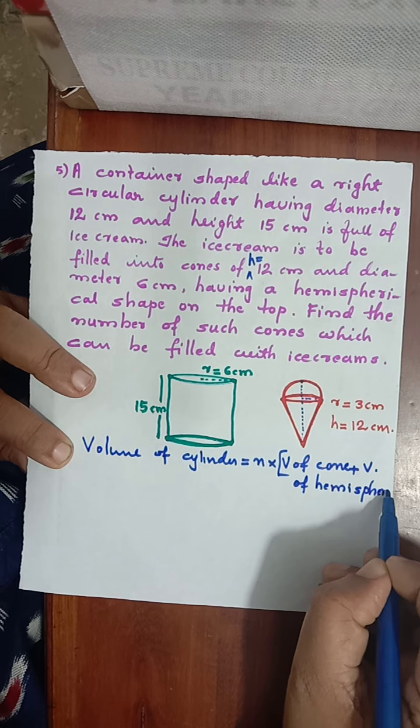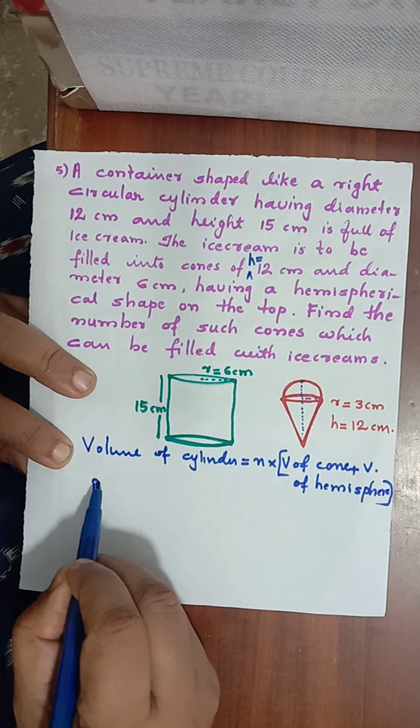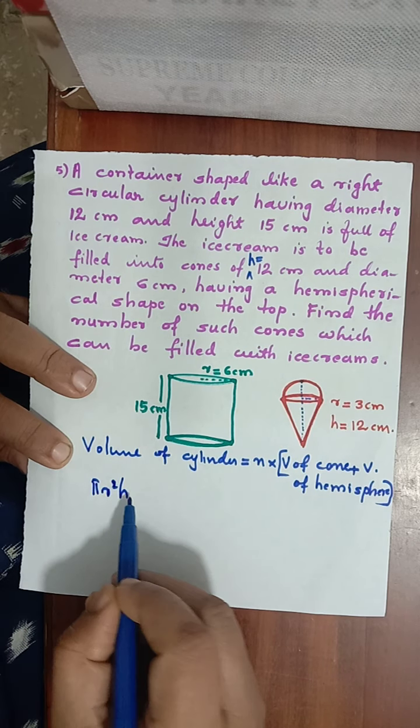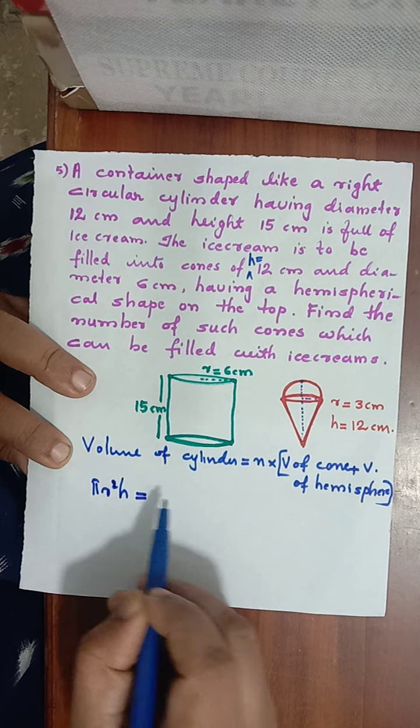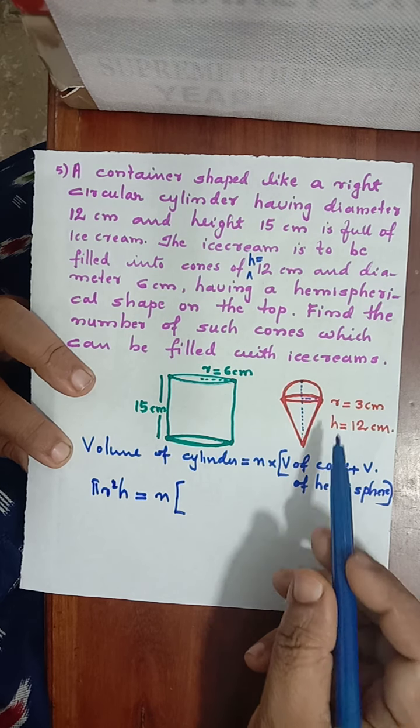Volume of cylinder, everybody knows, is pi r square h, that is equal to n into volume of cone plus volume of hemisphere.